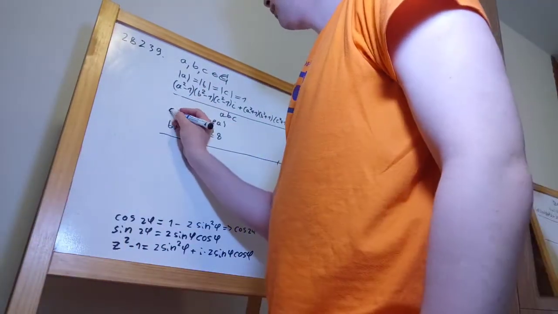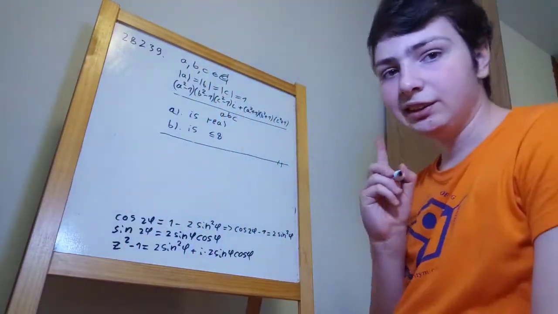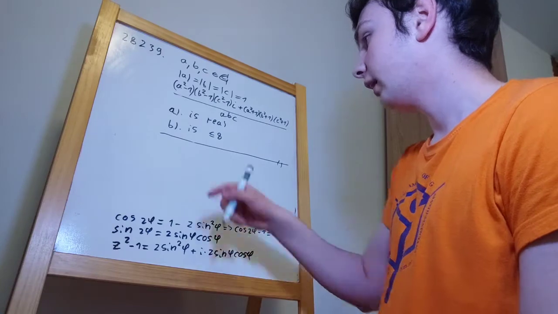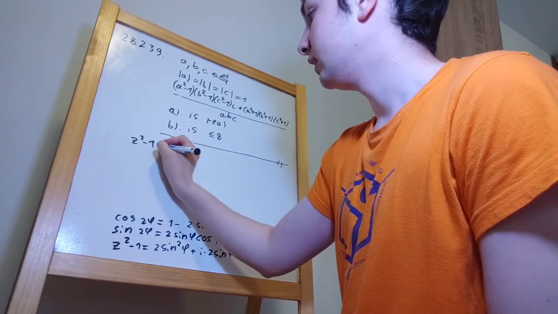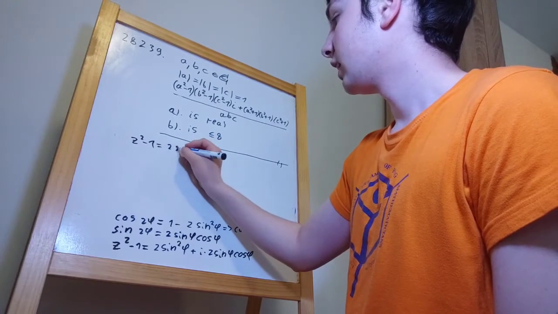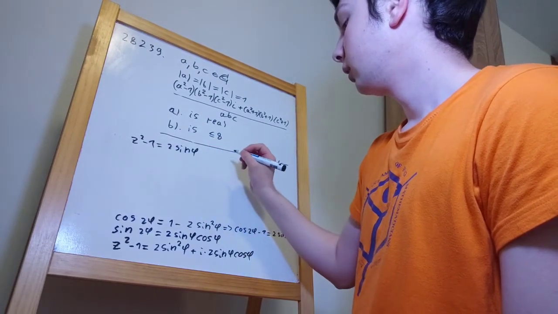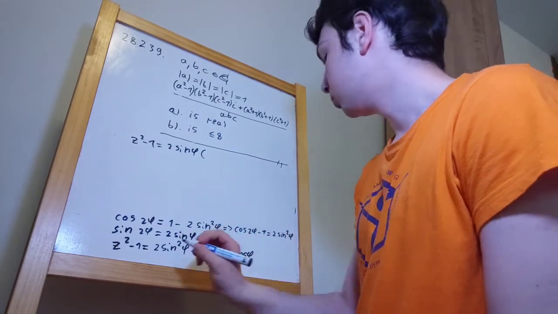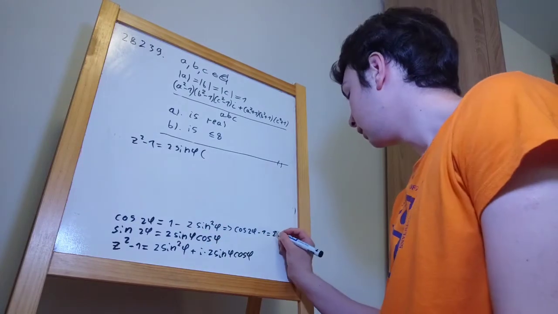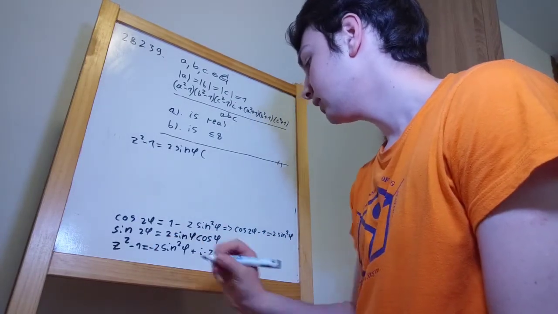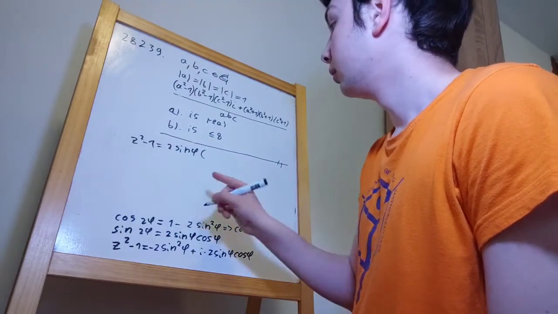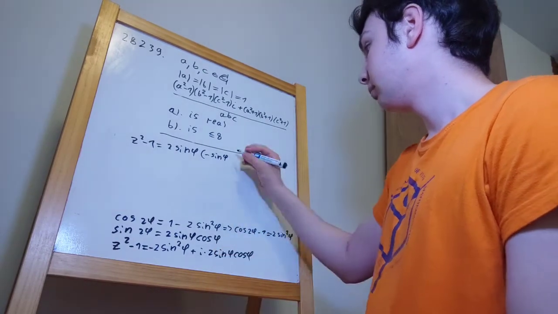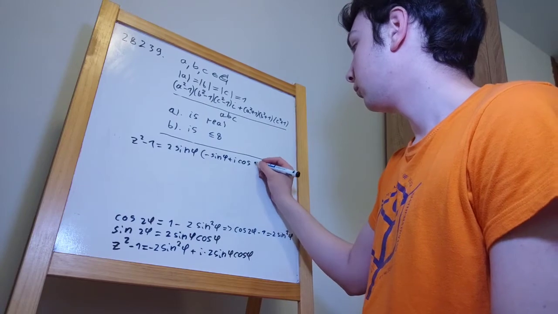Alright, so next thing we do is factor out 2 sine of phi, and we get z squared minus 1 is equal to 2 sine of phi times, oh sorry, forgot to put a minus, here's a minus, here's a minus. So it's 2 sine of phi times minus sine of phi plus I cosine of phi.